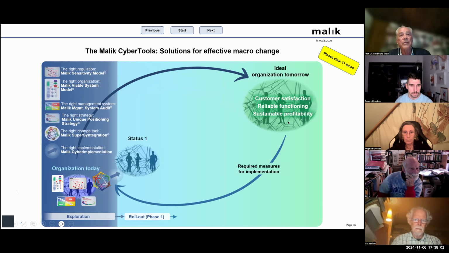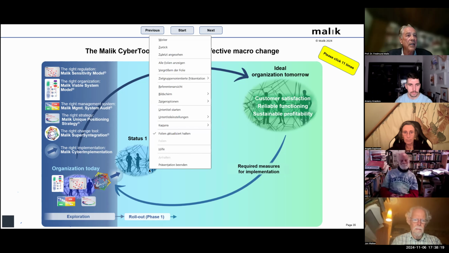This is the idea which we are after, sustainable profit. And then we require measures and methodologies for implementation. We start here. You see all the slides here. And then status.